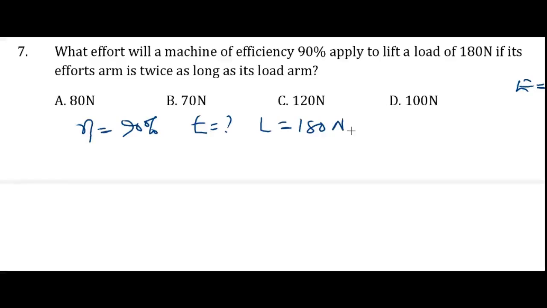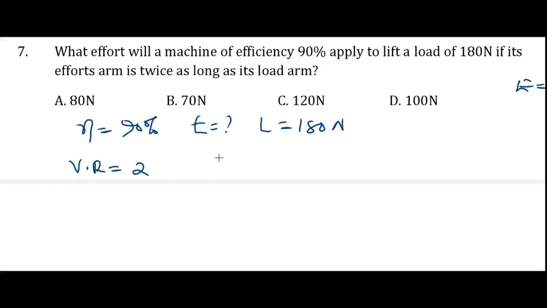Okay, so now you must remember that velocity ratio for this question will be 2, because velocity ratio is effort arm over load arm, or distance moved by effort over distance moved by load. So since the effort arm is twice, that would be like saying 2 divided by 1. So the velocity ratio for this question is 2.